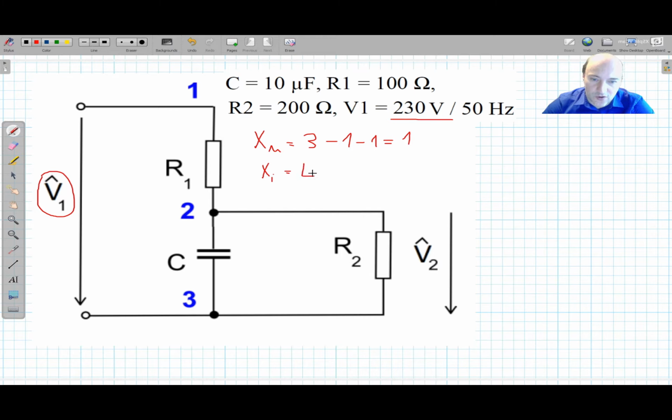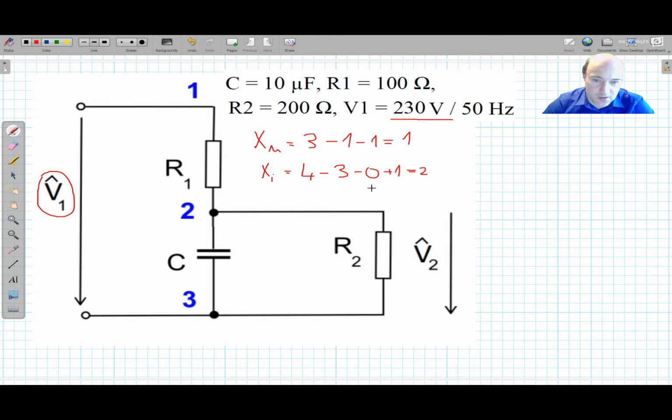So we have 4 components, minus the number of nodes, which is 3, minus the number of current sources, which in our circuit is none, so it's 0, plus 1, and this equals 2.